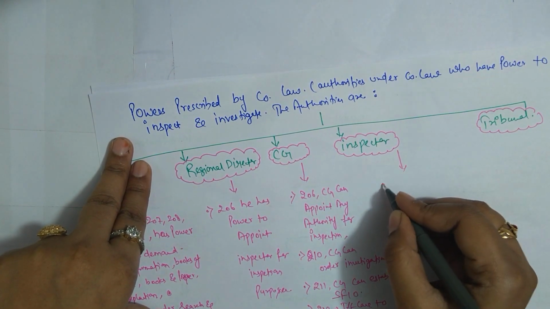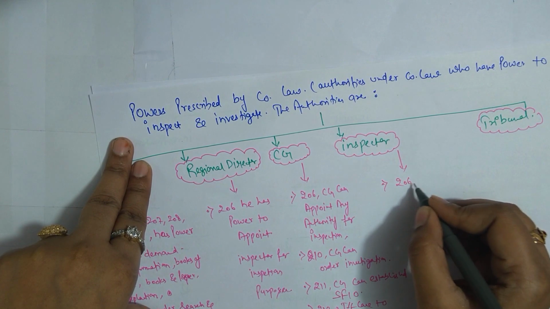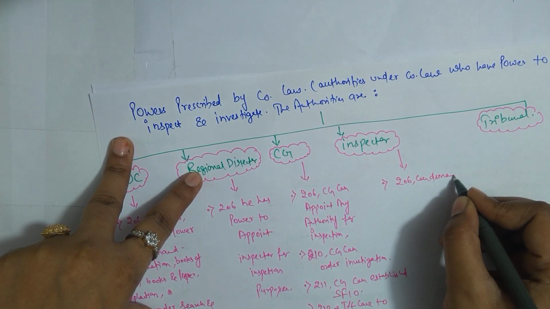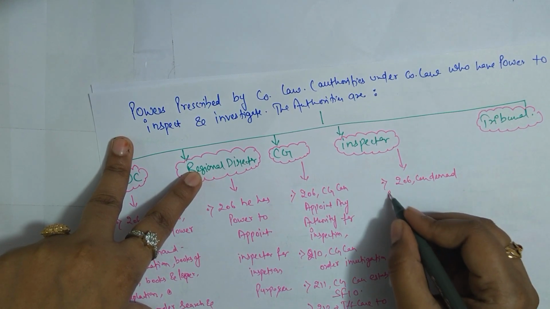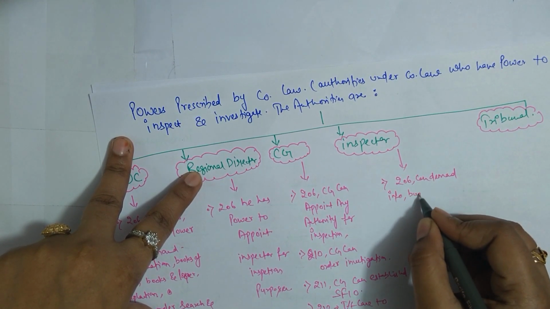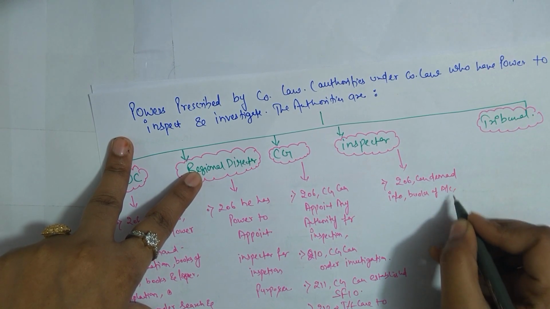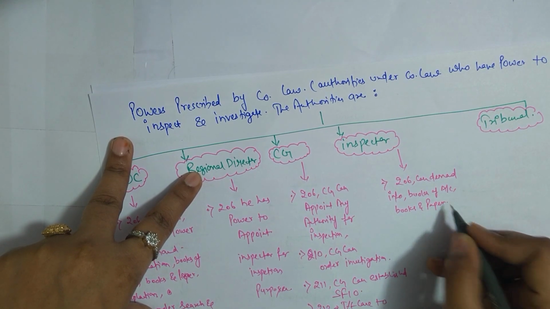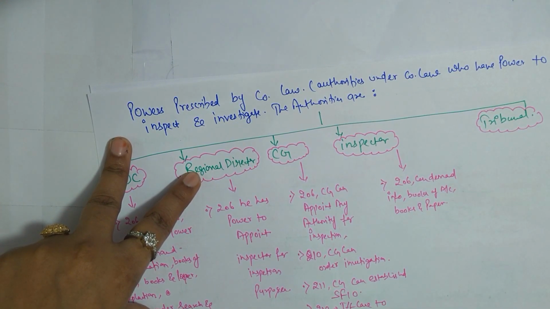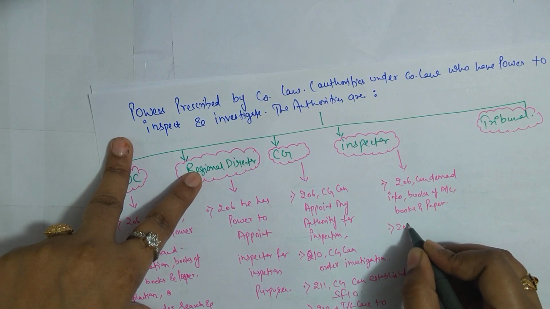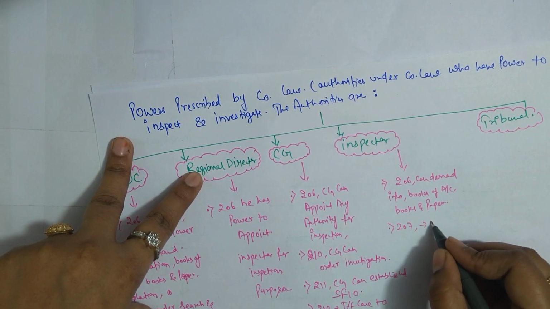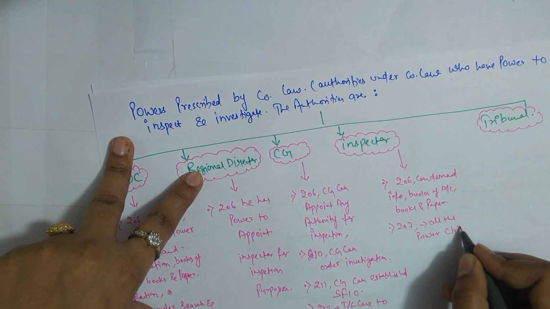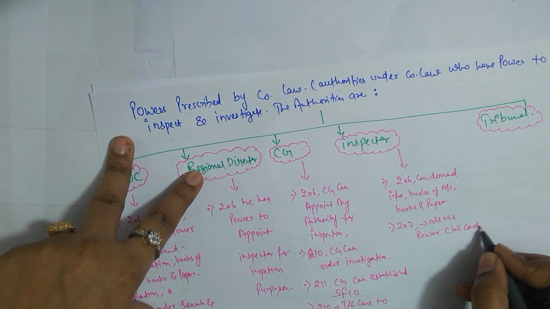Inspector. First point is your section 206. Here, an inspector can demand any information, any books of account, any books and papers during the investigation process. Under section 207, he has all the power of a civil court.